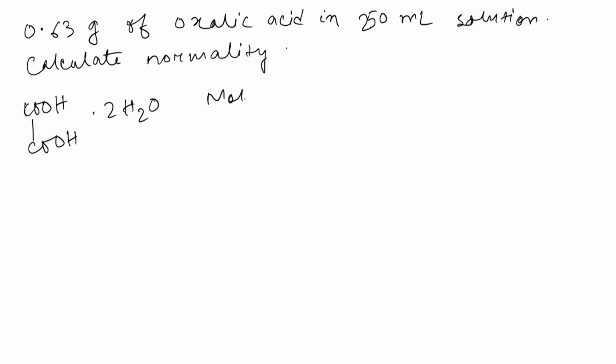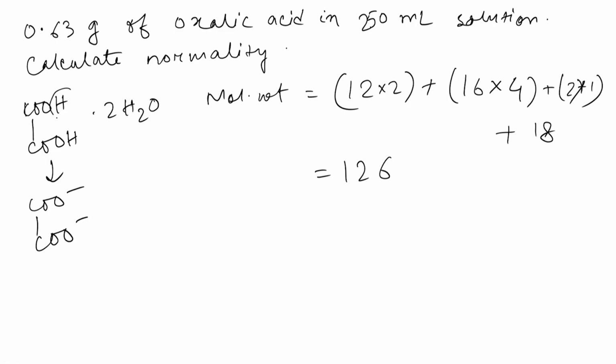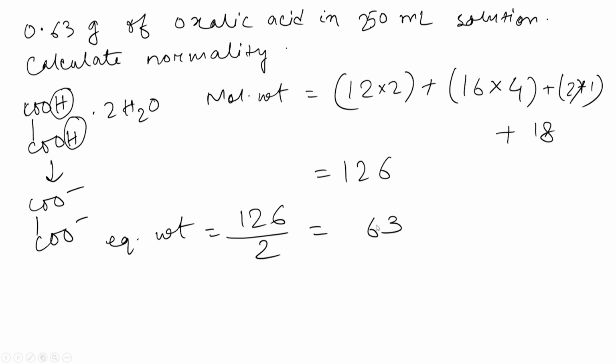So molecular weight will be, so this is equal to 126. If we dissociate oxalic acid, we get this. Okay. So here 2 replaceable hydrogen are there. So there is valency of 2. So equivalent weight of oxalic acid is 126 by 2, that is 63.